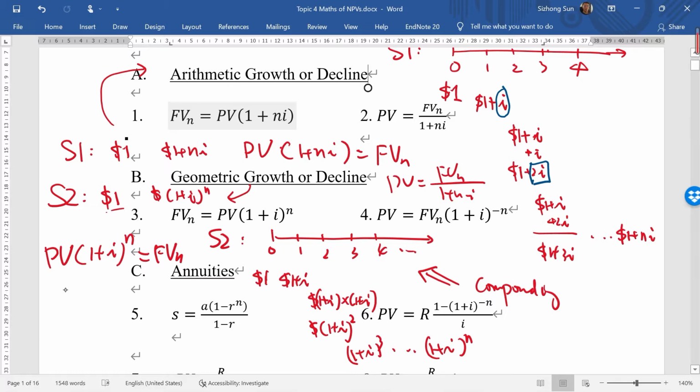In our cases, usually we know the future value and we want to compute the present value. So it's equal to the future value in year n times (1 plus i) raised to the power of negative n. So this is discounting.